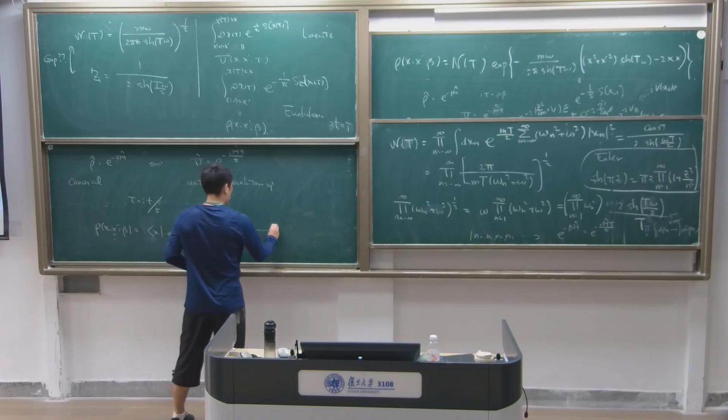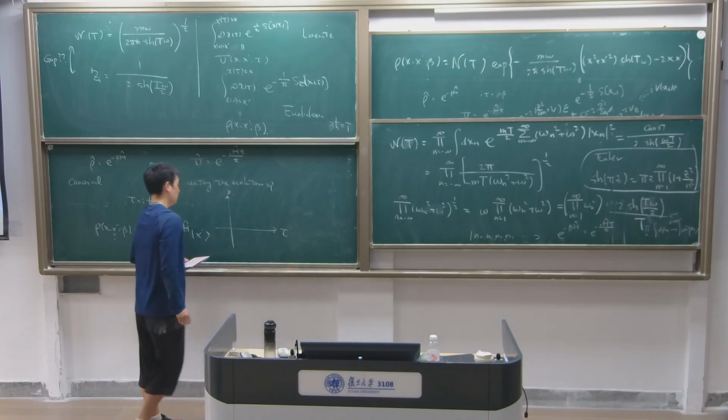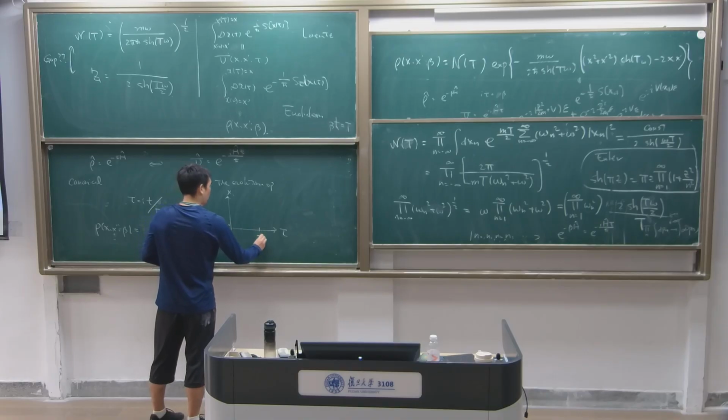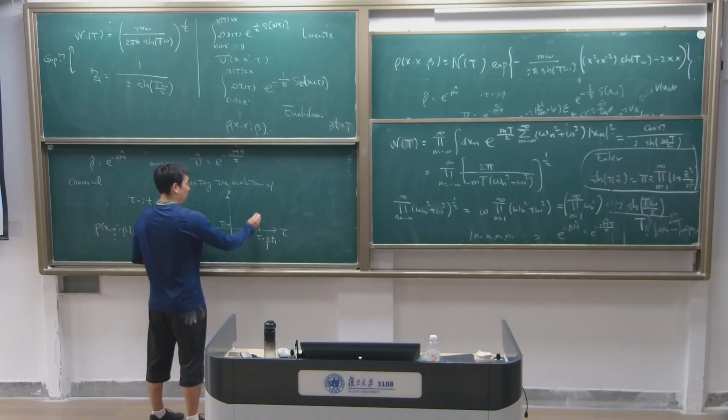So this is x, this is the imaginary time, and you have x prime here. When tau equals 0, and tau equals beta times h bar, you have the x variable.